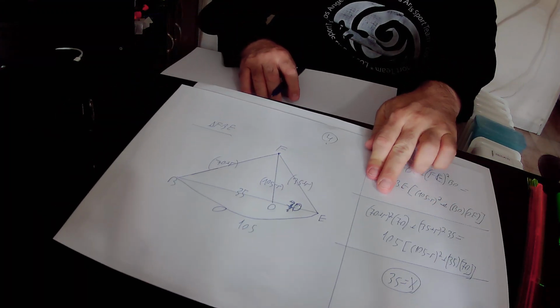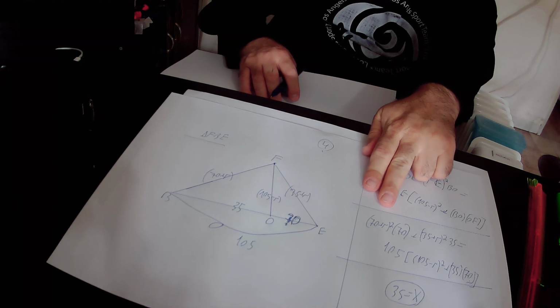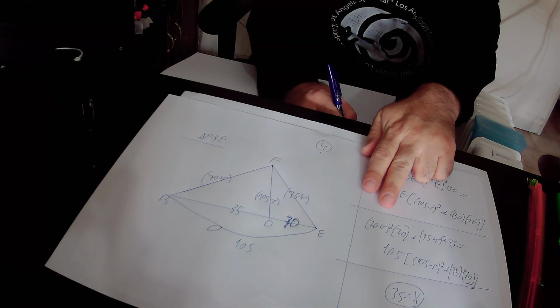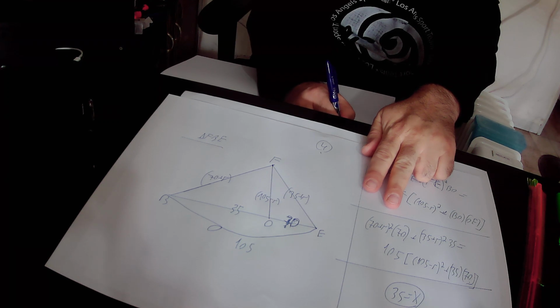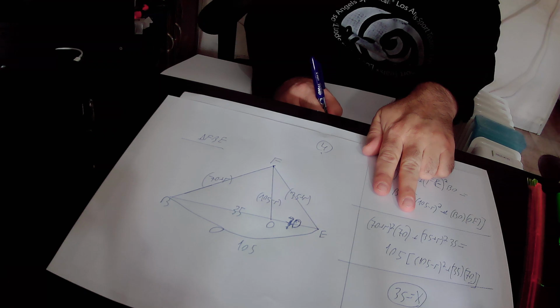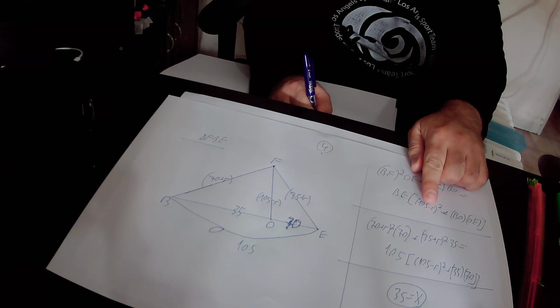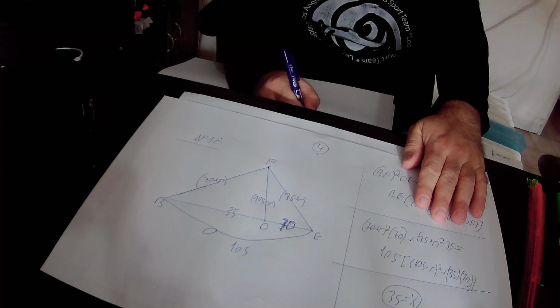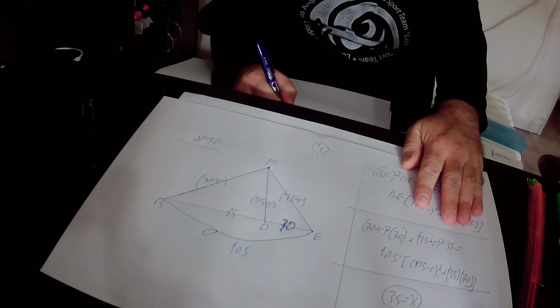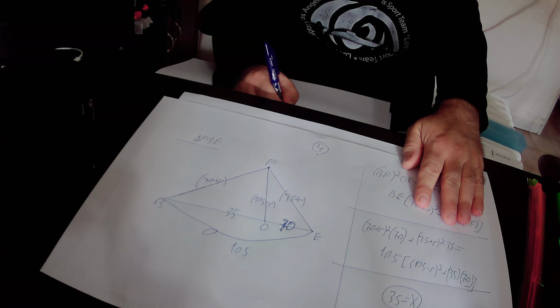We have here 70. 70 is 35 times 2, therefore it is 2x, because x equals 35, plus R squared times 70, which is 2x, plus, inside the brackets 35, this is x, plus R squared, times 35, which is x.